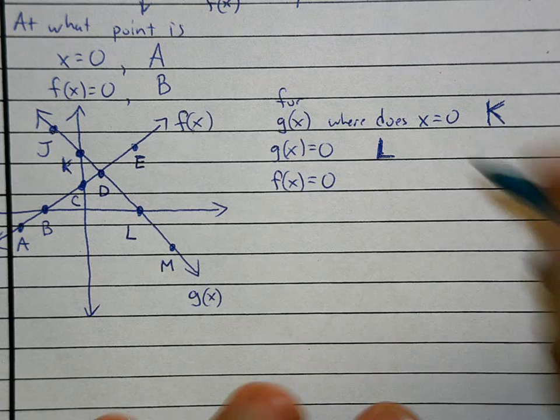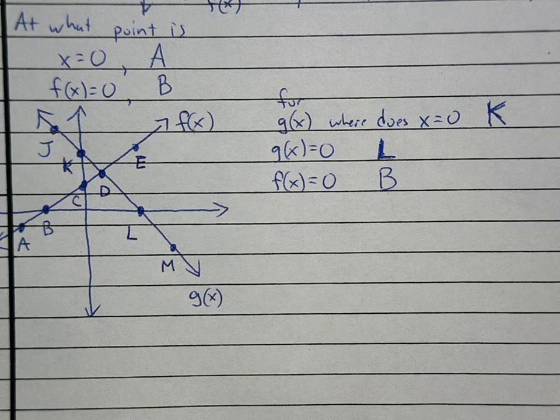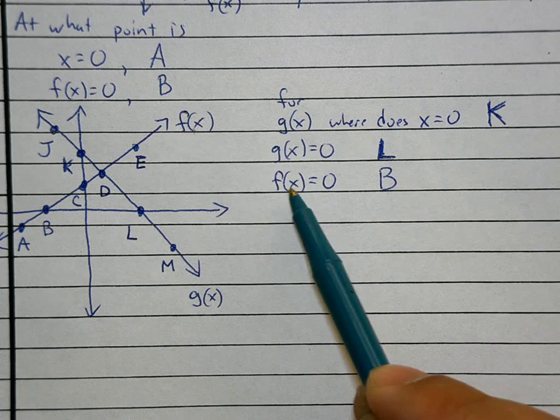The correct answer is B. Oh, it's the x-intercept. So keep in mind, this is saying where will the y value equal 0?